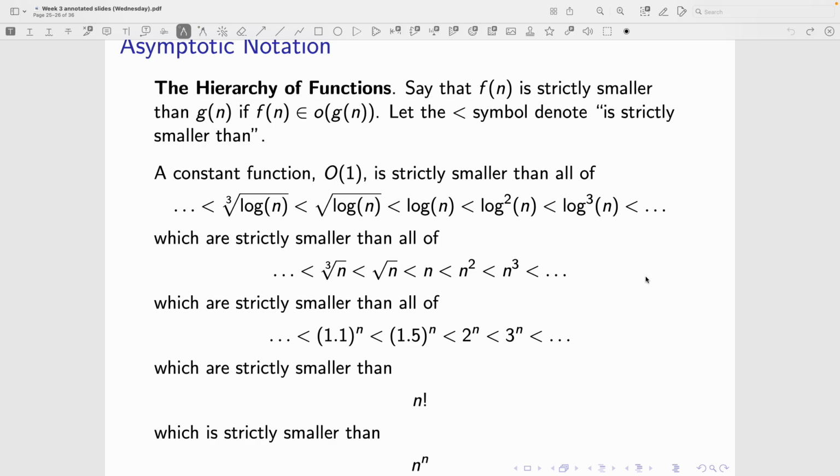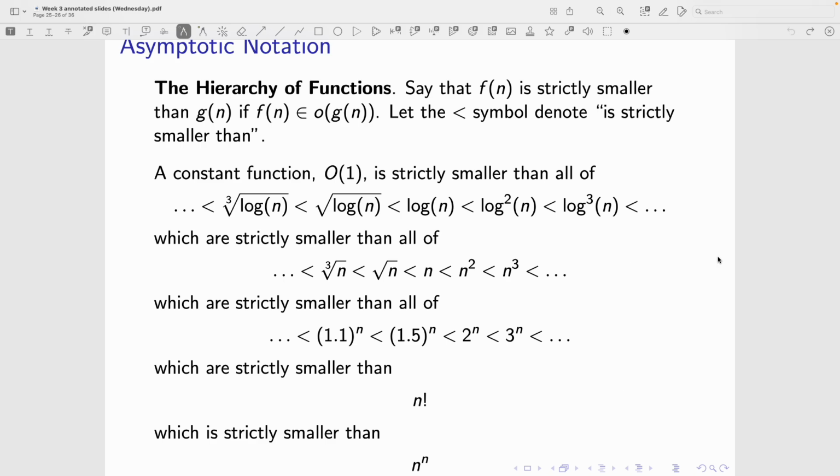If we use the less than symbol to informally denote a function being smaller than another, then we know that any constant function, a function that is just one value for all of its inputs, is going to be strictly smaller than any logarithmic function, because even if this constant function is greater than the logarithm at first, the logarithm will eventually overtake it and stay like that all the time, or forever.